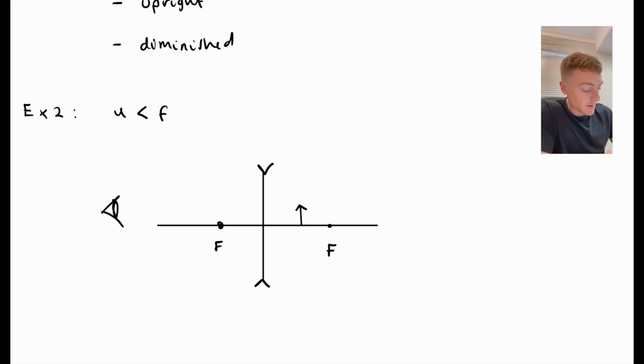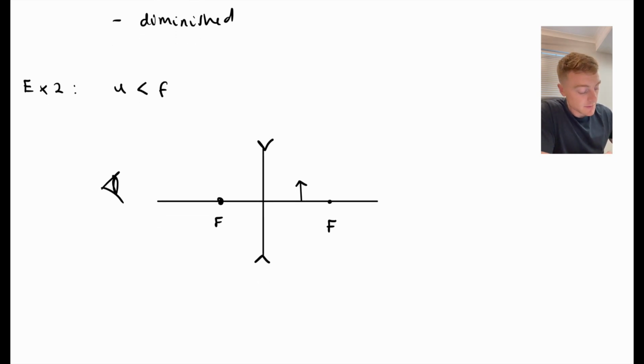So try and pause the video and have a go. Remember to draw two rays. You need a parallel ray and you need that second ray that goes unrefracted. So if I draw my parallel ray, trace back to the focal point, it diverges. Draw my second ray, doesn't get refracted.